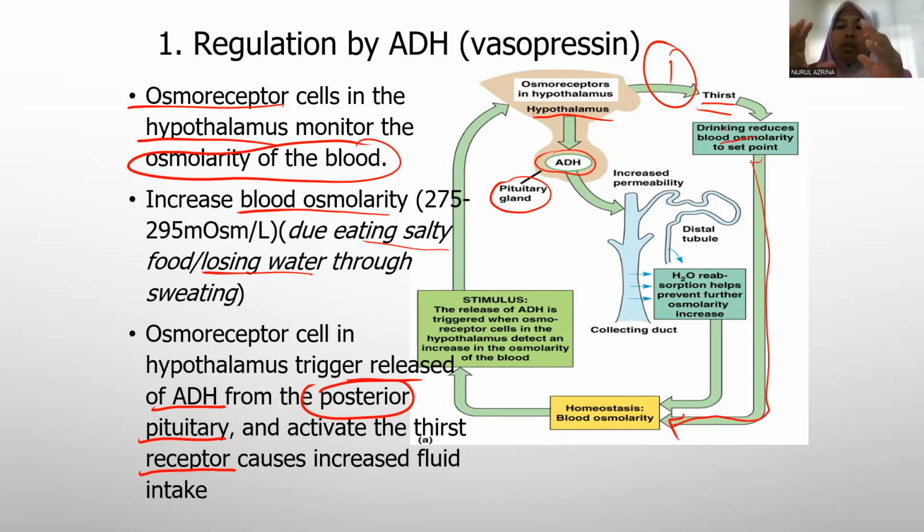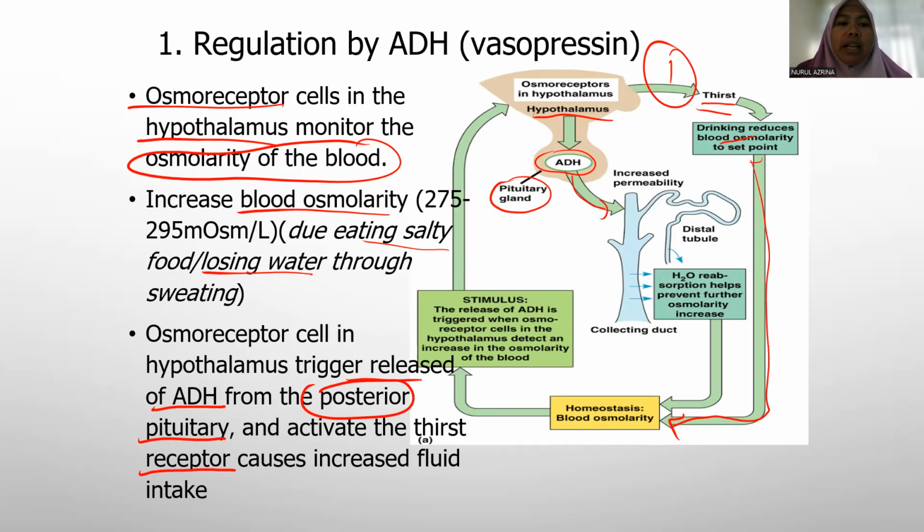So bila kita minum, we are actually helping to reduce the blood osmolarity. At the same time, the ADH will travel in the bloodstream and reach the target organ or target tissue, which is the kidney.